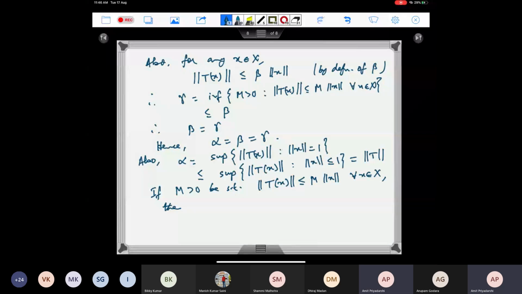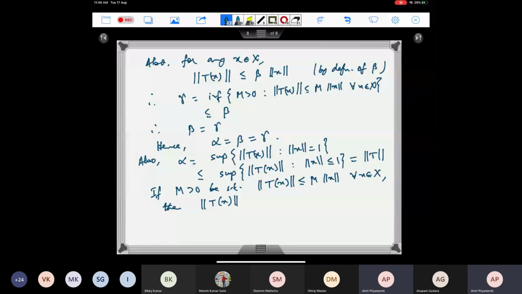Norm T is defined to be the supremum of norm Tx for norm x less than or equal to 1. So norm of Tx will be less than or equal to m for all x such that norm x is less than or equal to 1.